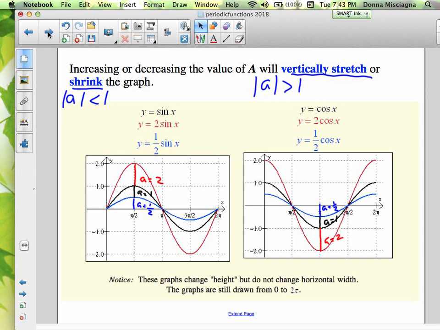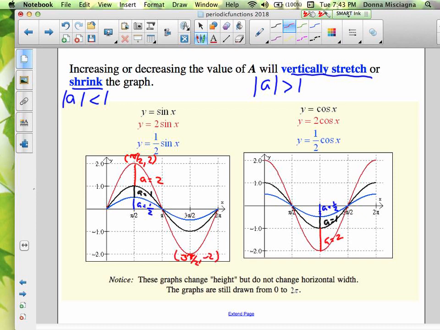So notice that the maximum and minimum values for y equals 2 sine x are twice what they are for y equals sine x. We can see that it goes through positive 2 and negative 2. We have the point pi halves, 2 and 3 pi halves, negative 2.